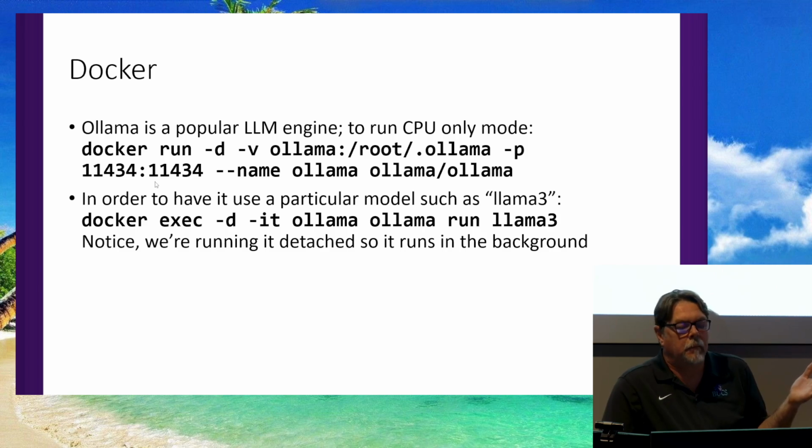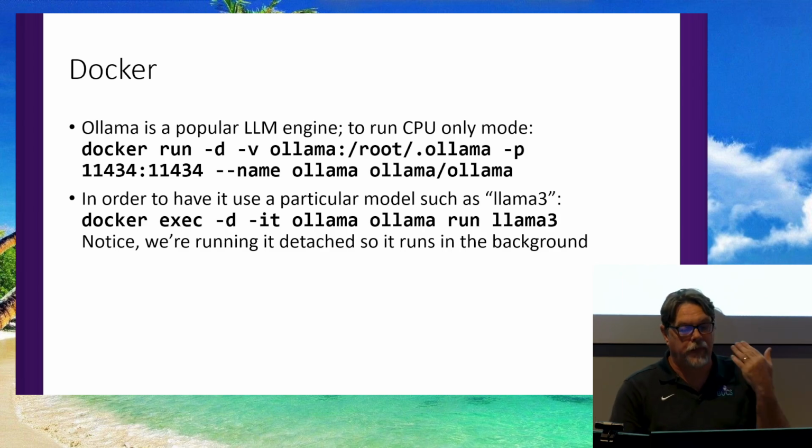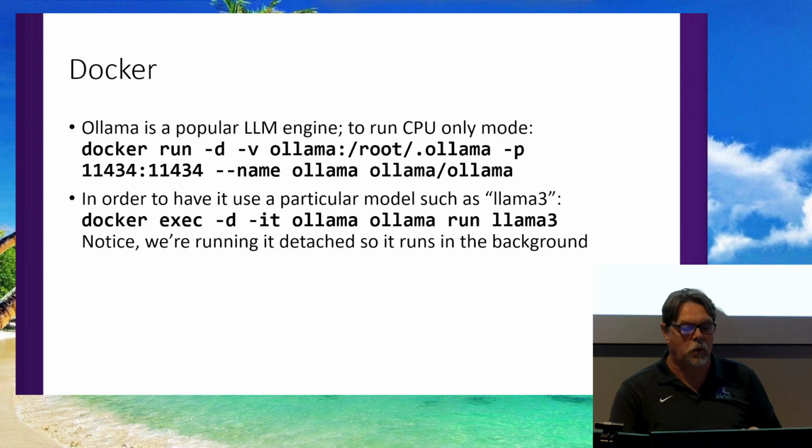Somebody, not me, came up with that standard port number for this Ollama Docker container, but that will be the port number that we will communicate with or over when we communicate with this program. So you'll need that when you write your code. Just remember, you can make it whatever you want to, but if you want to deviate from this, then your mileage may vary. But I know this will work.